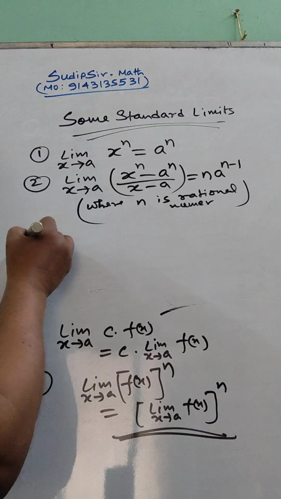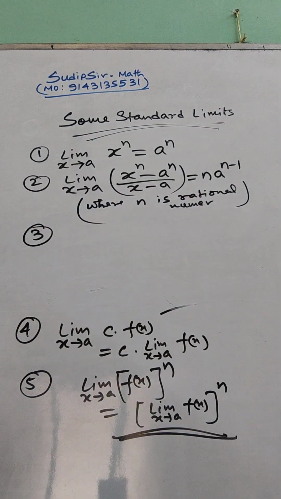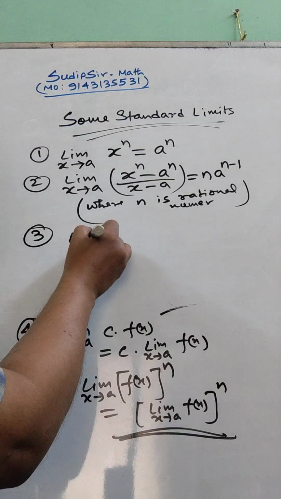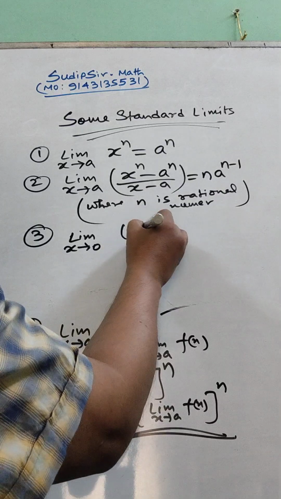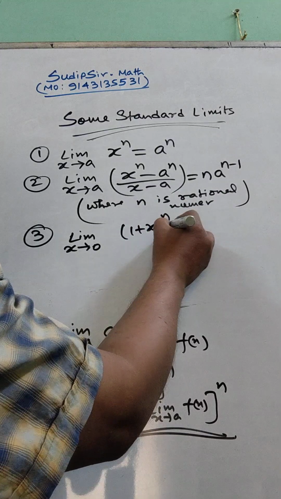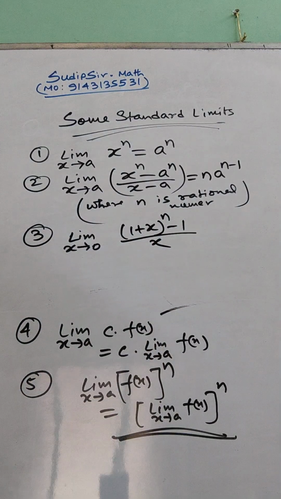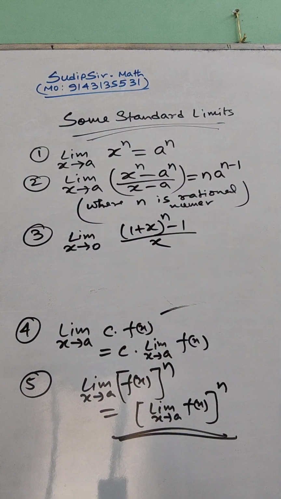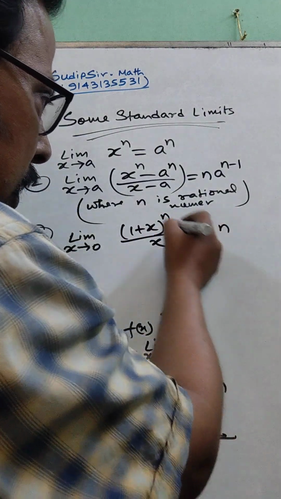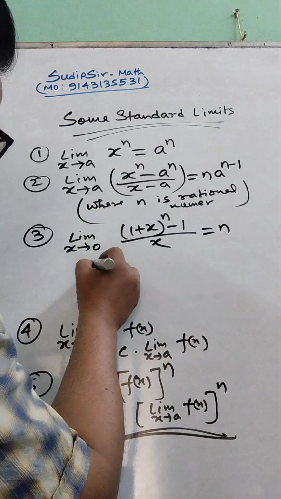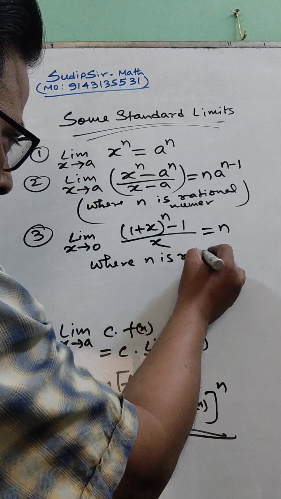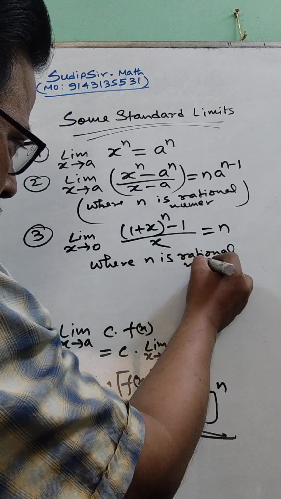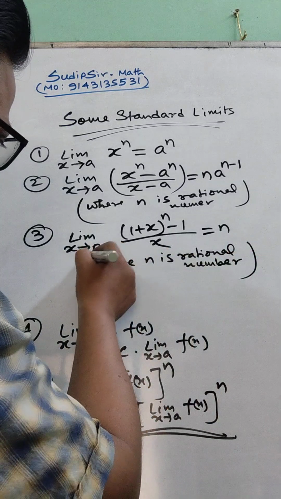And similarly another formula: the limit as x tends to 0 of ((1 plus x) whole to the power n minus 1) by x is equal to n, where n is a rational number.